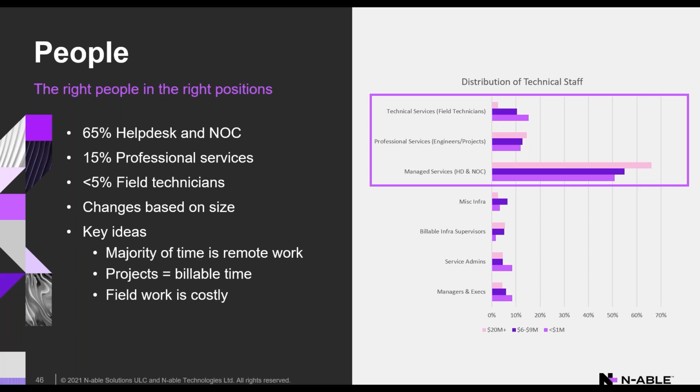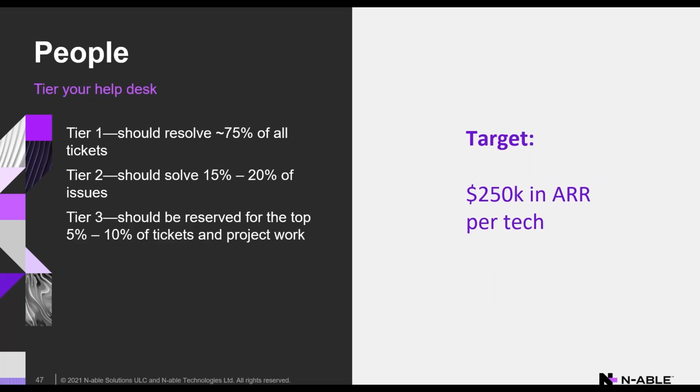Right? And then we have our projects. This is the big bulk of our billable time. These are the big ticket items, $20, $30, $50, $60,000 projects. If we're lucky, 100K. Right? And then on top of this, we should be tiering our help desks. If you're 1 or 2 technicians, this becomes a little bit more difficult.